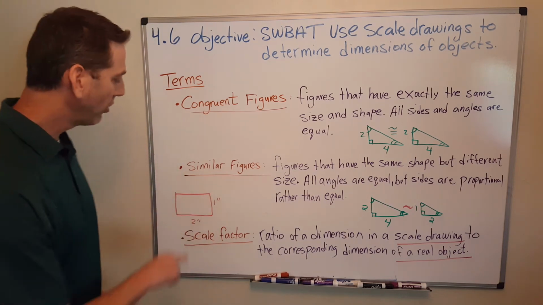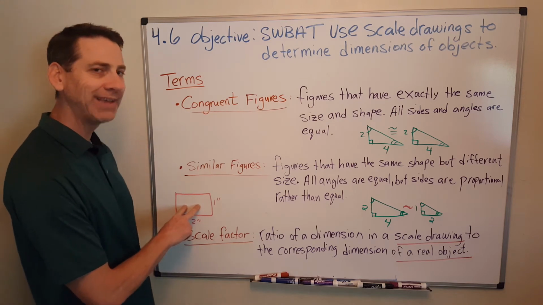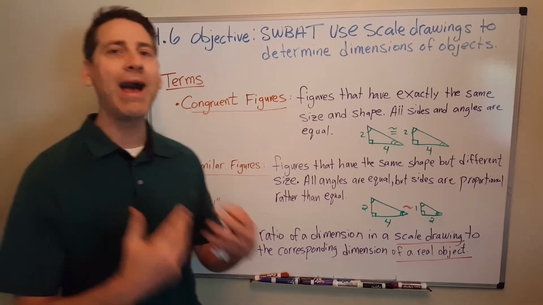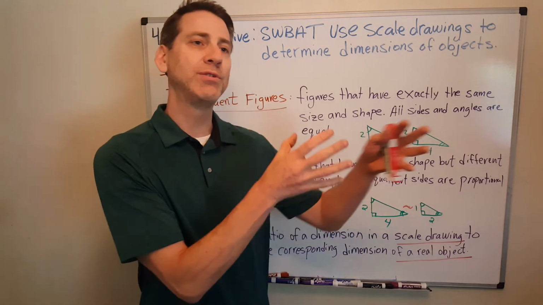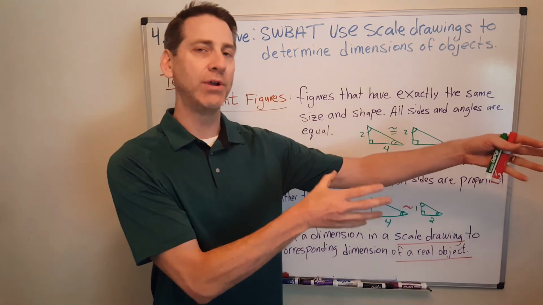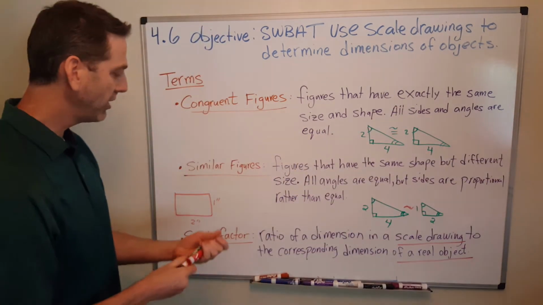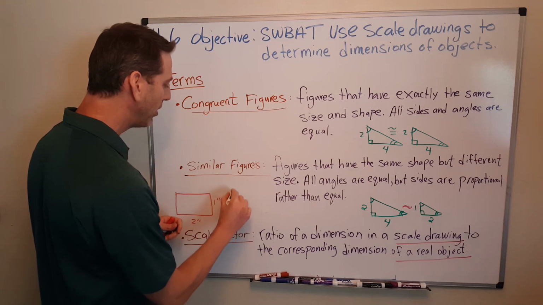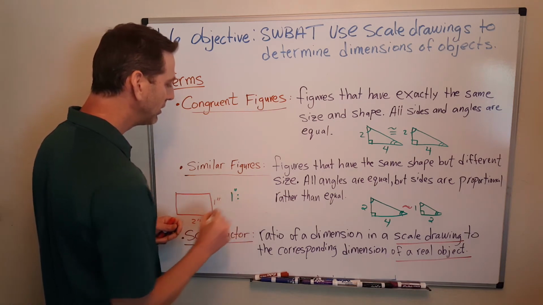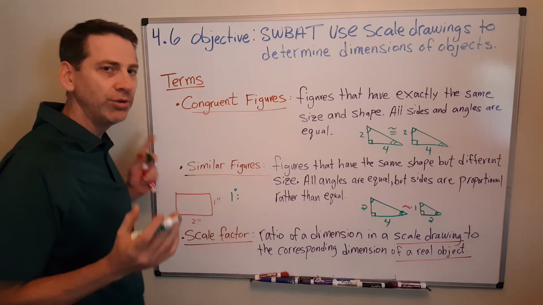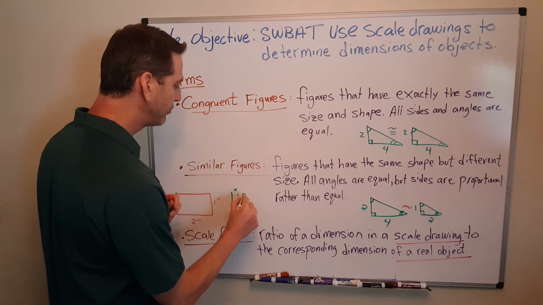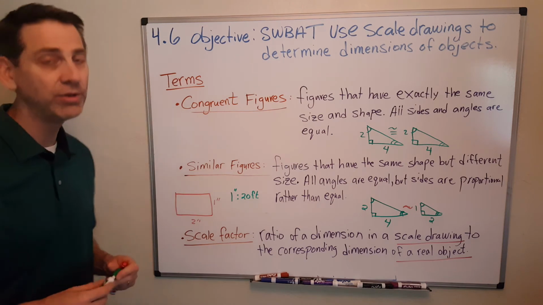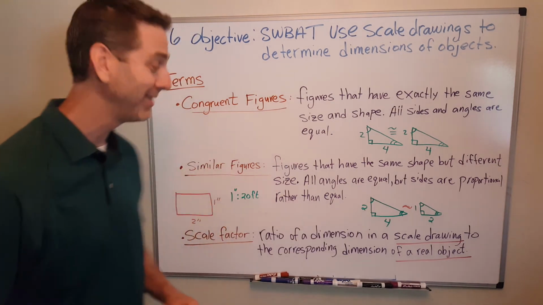So I would have to use a scale factor to be able to find out the actual dimensions of the object. A scale drawing is typically given something like this: 1 inch is equivalent to 20 feet, or it could be 20 miles if you're talking about a map.